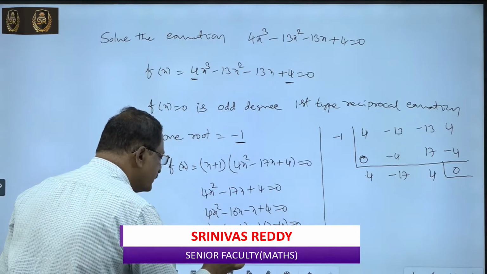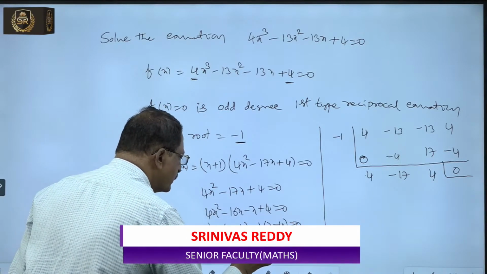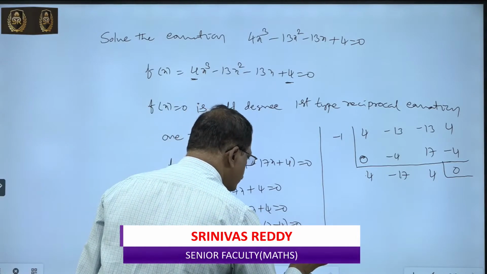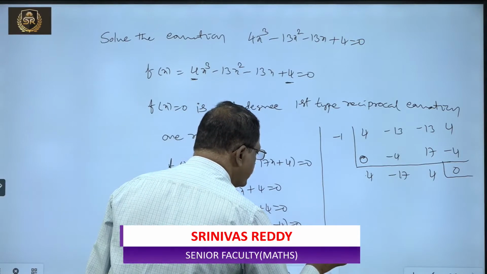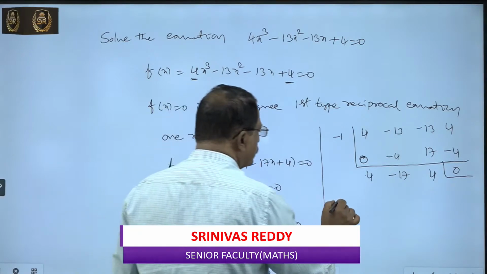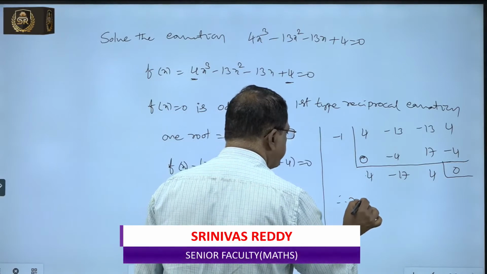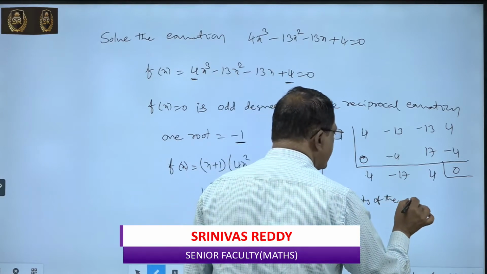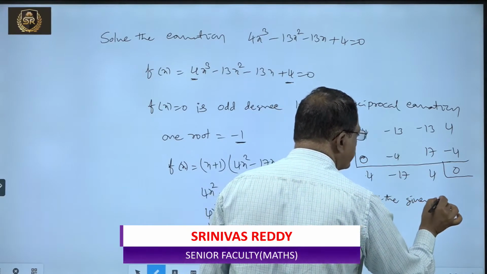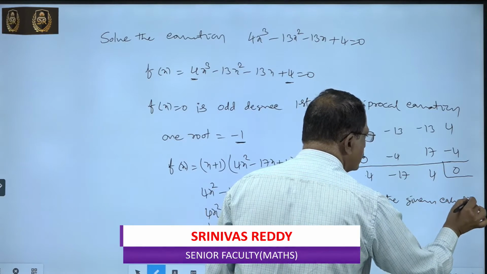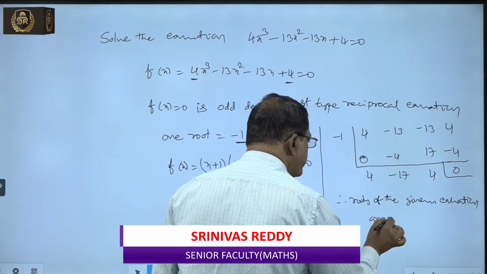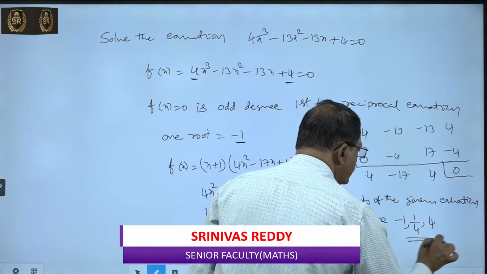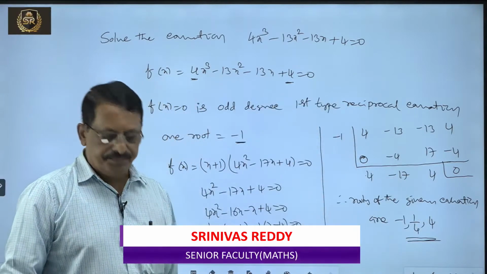Now, 4x minus 1 into x minus 4 equals 0. So x equals 1 by 4, x equals 4. Therefore the roots of the given equation are minus 1, 1 by 4 and 4.